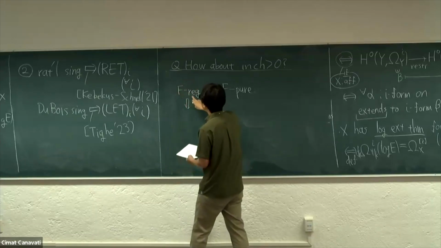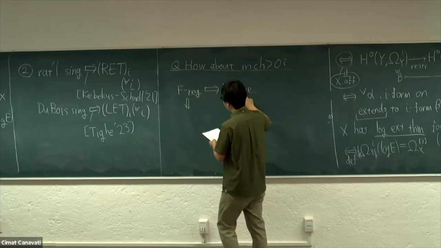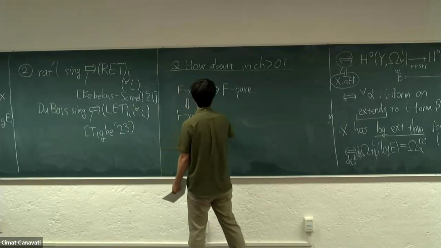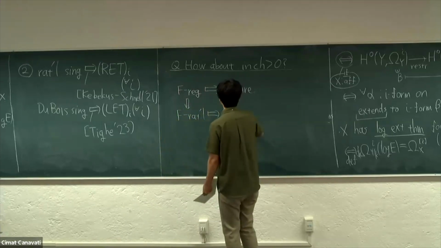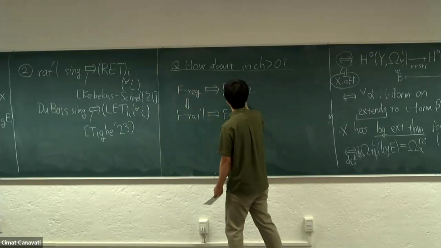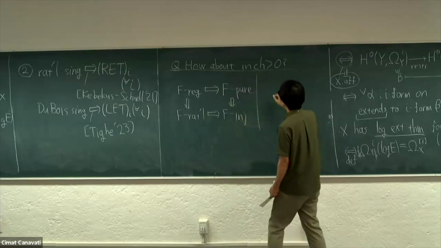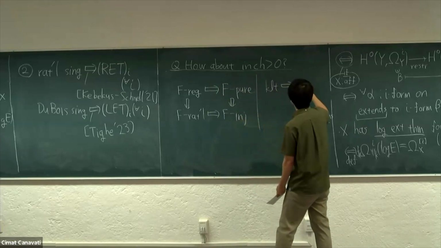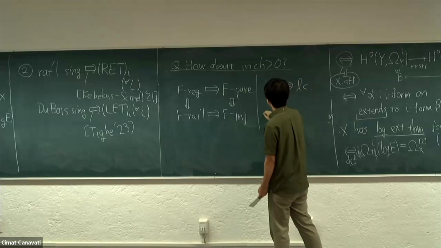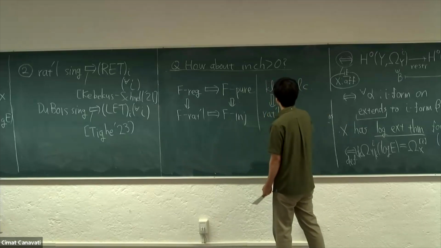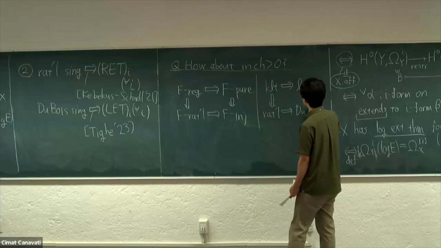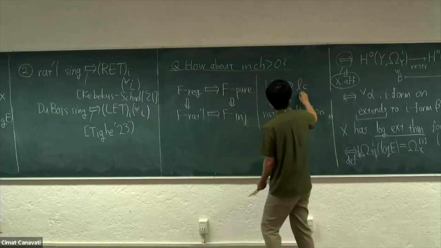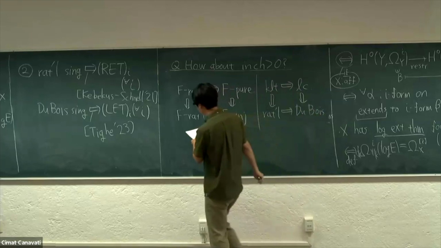One is F-regular or strongly F-regular, one is F-pure, one is F-rational. There are also the counterparts of singularities in MMP: klt, lc, and rational singularities, and Du Bois singularities. This is a diagram written by Kevin Tucker.